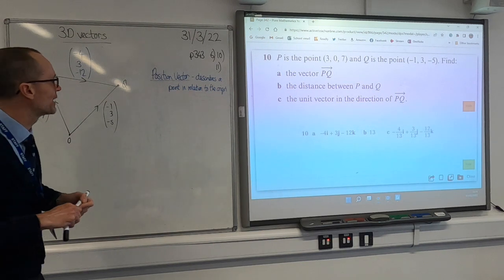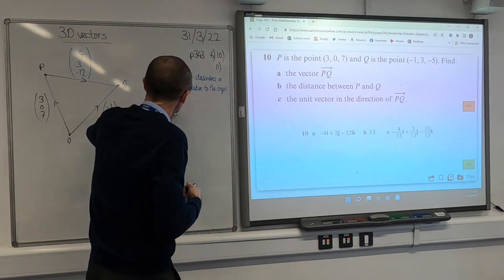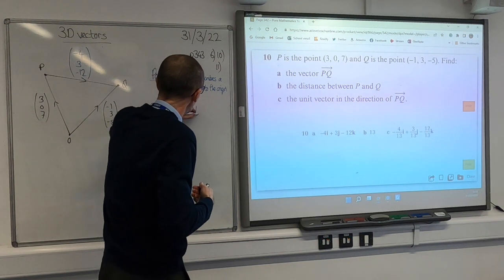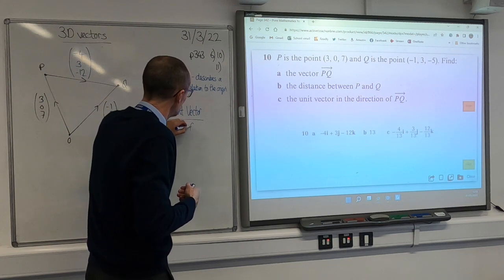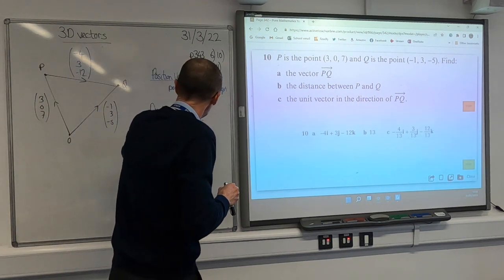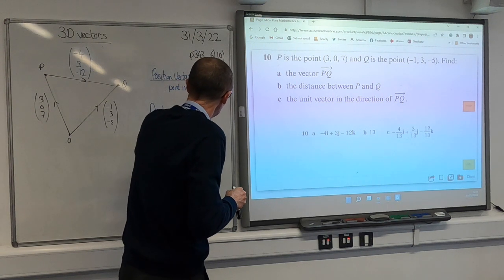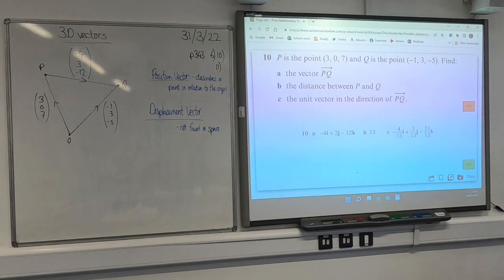The other sort of vector we meet then is just called a displacement vector, and a displacement vector just describes a motion from one place to another. It's not fixed in space. So a position vector is anchored at the origin. A displacement vector just describes a journey from one place to another. It's not fixed in space.